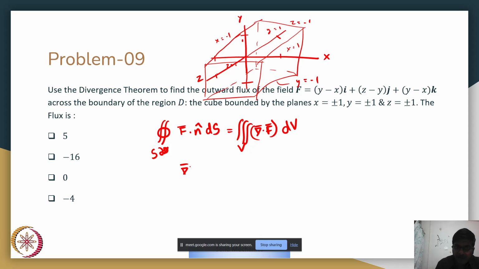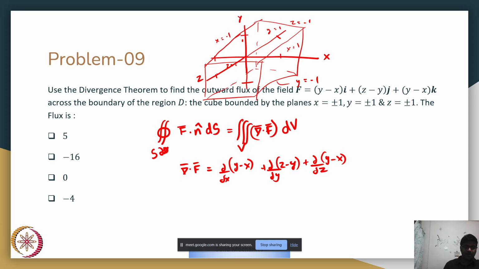In this particular case, we can see that div F is nothing but del by del x of (y minus x), plus del by del y of (z minus y), plus del by del z of (y minus x), which is equal to minus 1 plus 0 minus 2.